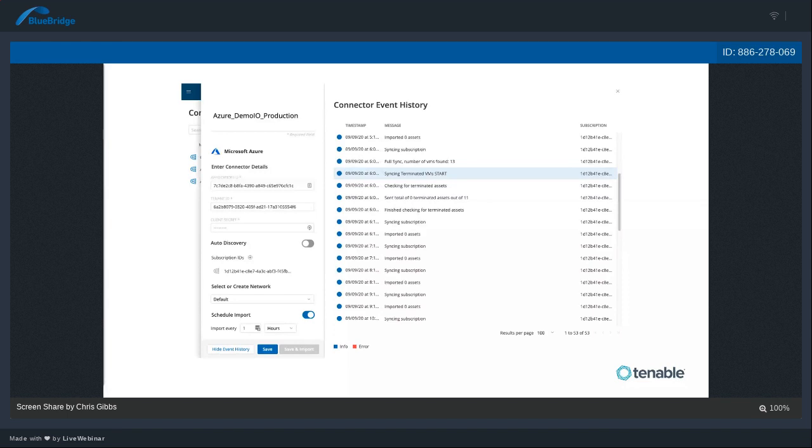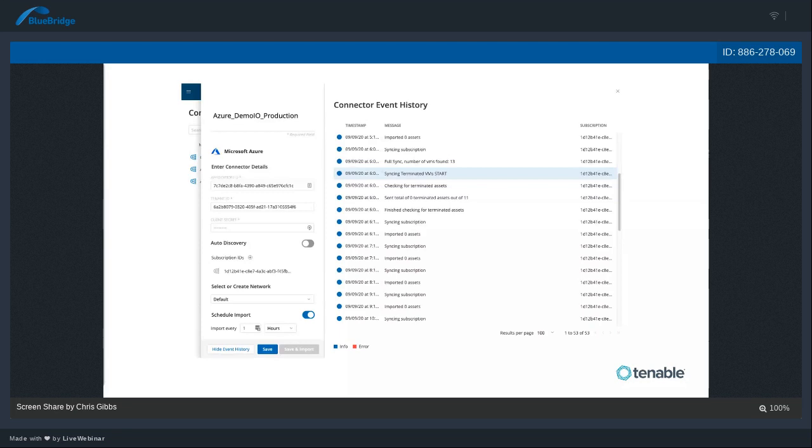New servers get created, taken offline very quickly, very often. And that can be important when it comes to your asset management. You want to be staying on top of the information that's being populated, should we say.